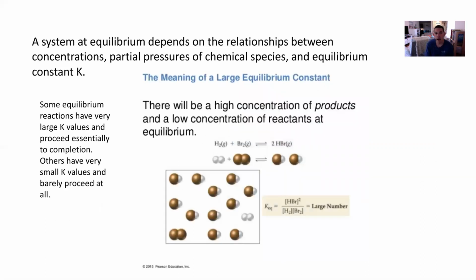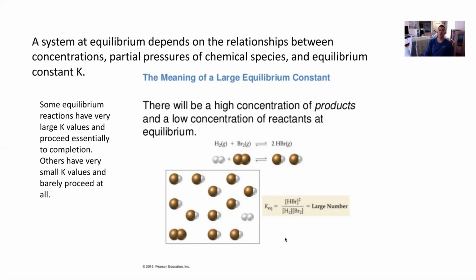Now, if we get a very large value for K, a large value for K means we have a lot of products and we're dividing by a small number of reactants. So in this reaction, H2 plus Br2 in equilibrium with 2HBr, we see visually we don't get a lot of the H2 or the Br2, we see mostly products.